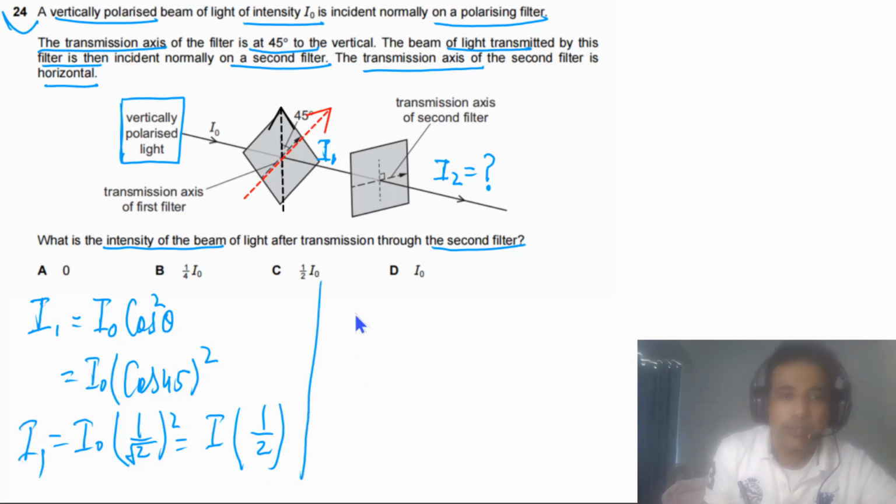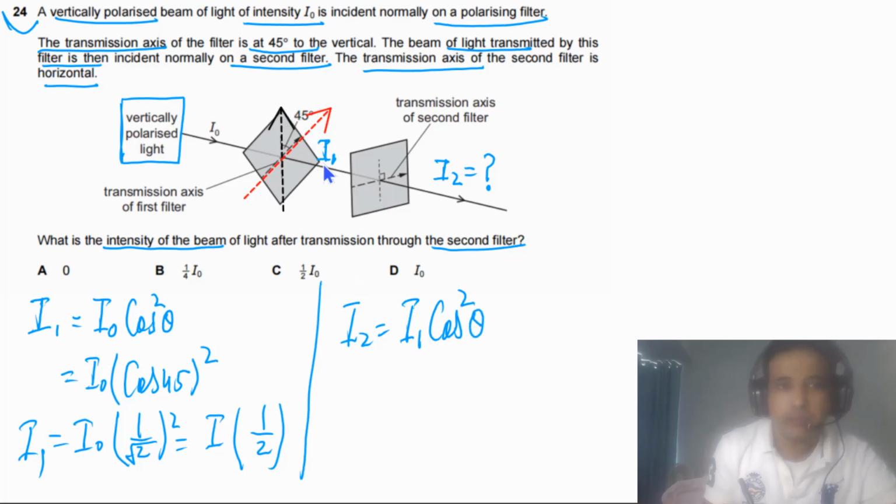Now we need to find I2. I2 has to be equal to I1 times cosine square of theta, the angle between the incident light and the transmission axis of the second filter. Now this is a little bit tricky. You need to understand that this component of the light will be transmitted.